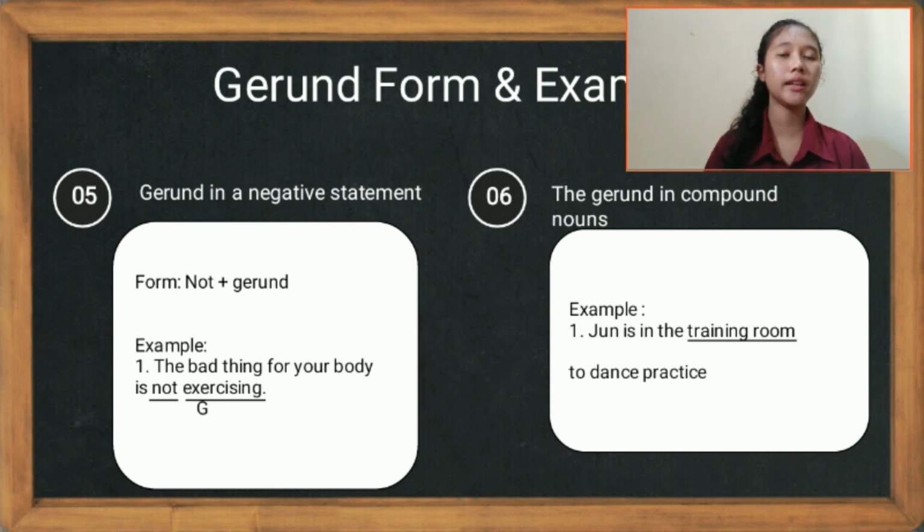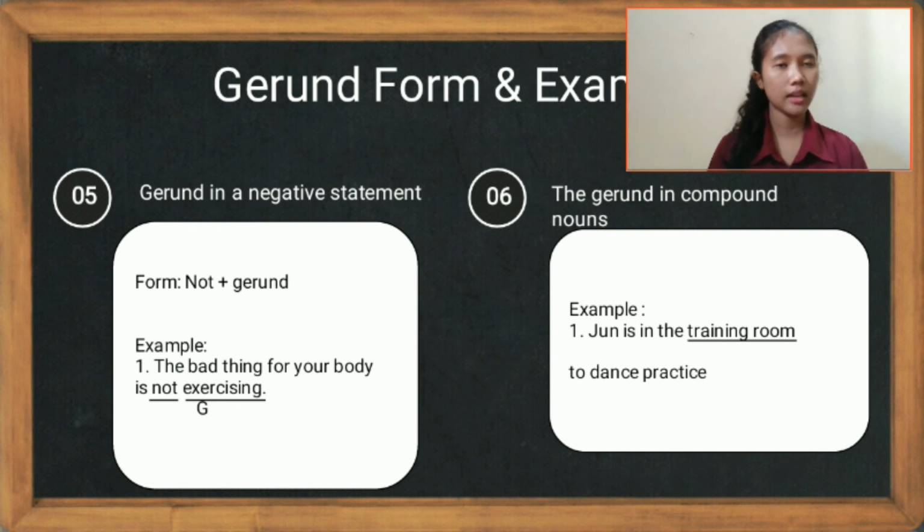As I explained in the previous slide, the gerund is made negative by adding not. For example, the bad thing for your body is not exercising. Exercising is a gerund.